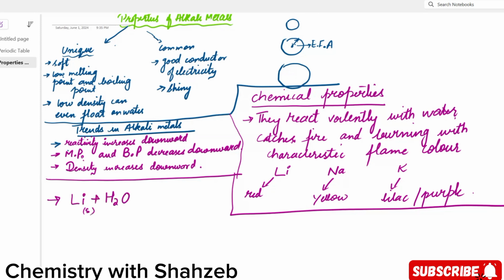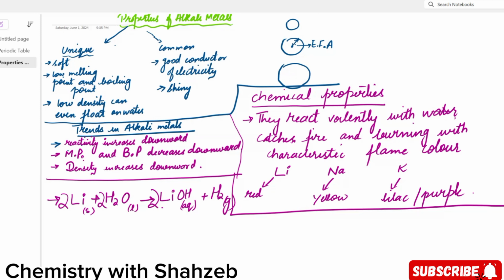The second property is that they react with water, forming an alkali. Lithium is in solid state, water is in liquid, and they form lithium hydroxide, which is aqueous, with the release of hydrogen gas. We have to balance the equation like this. Now it is balanced.